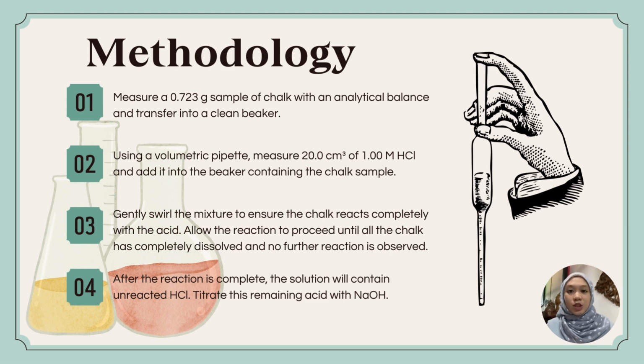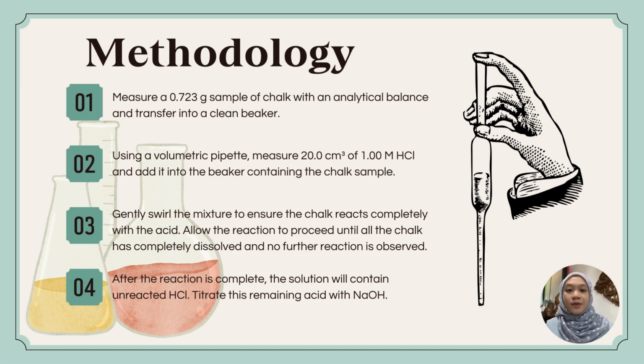Gently swirl the mixture to ensure the chalk reacts completely with the acid. Allow the reaction to proceed until all the chalk has completely dissolved and no further reaction is observed. After the reaction is complete, the solution will contain unreacted hydrogen chloride. So, we need to titrate this remaining acid with sodium hydroxide.